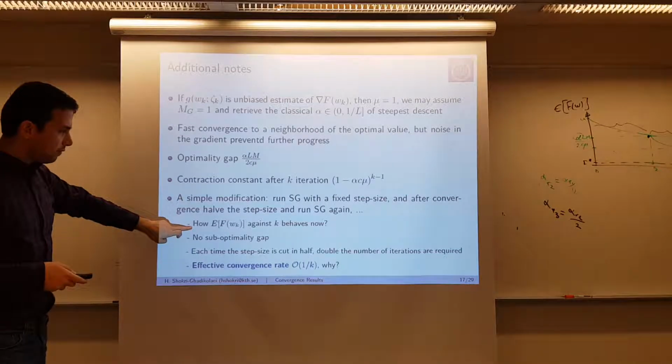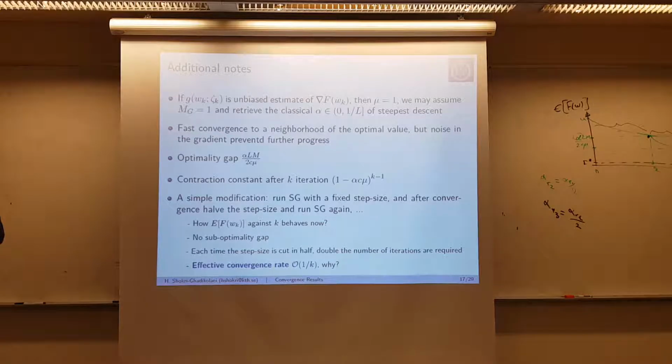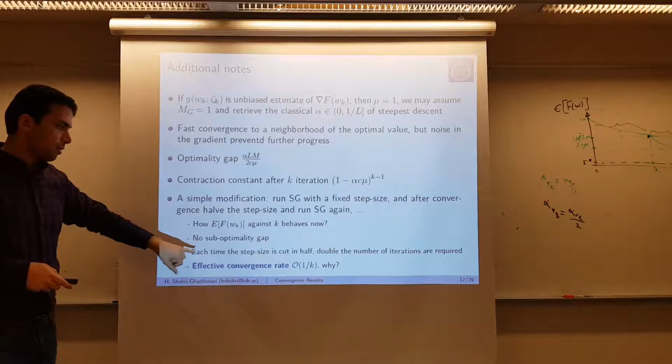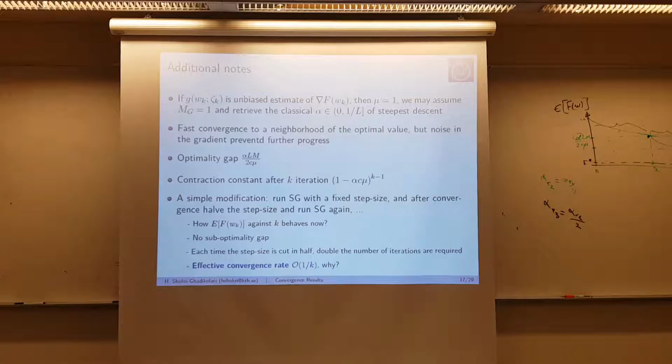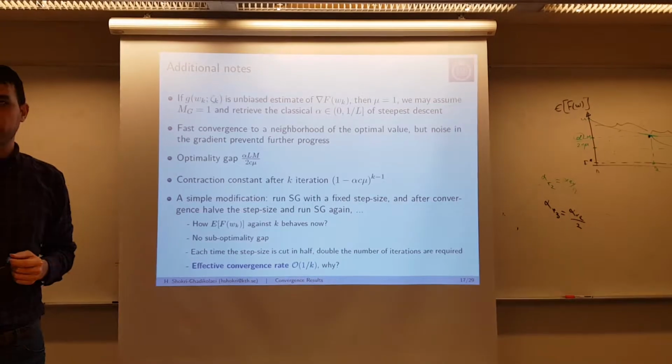This is the behavior of the expectation of this F function, and there is no suboptimality gap, and that's it. Then you can show that the effective convergence rate is O of 1 over K.